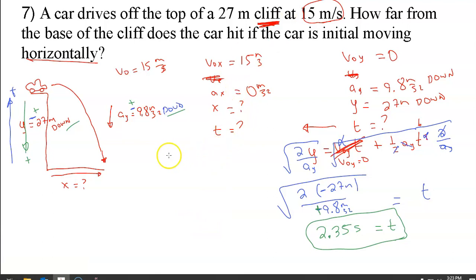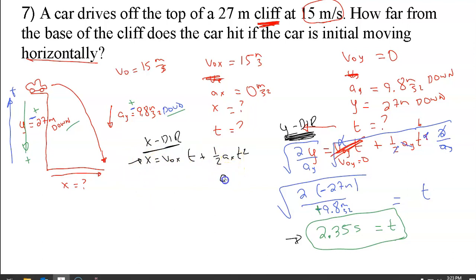Right here, I'd use the same formula. x equals v naught x t plus 1/2 a sub x t squared. We did it once in the y direction. Typically, you do it first in the y direction to get time, and then you do it in the x direction, and we're trying to get x. Okay? Well, it's already solved for x, so we don't have to do any algebra.